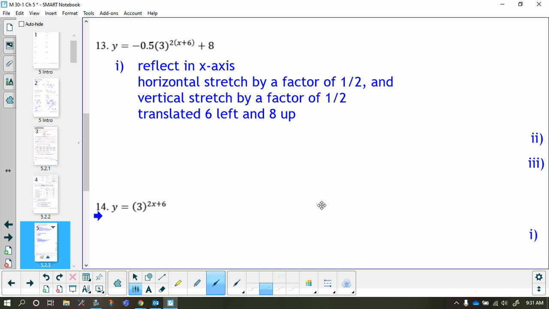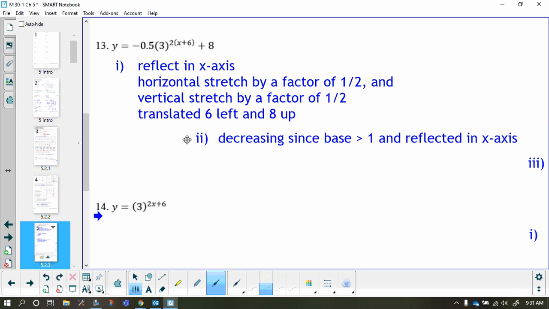And then we have translations left and up. Now this time, again, we have a b value greater than 1, but this reflection in the x-axis means our graph will be decreasing.